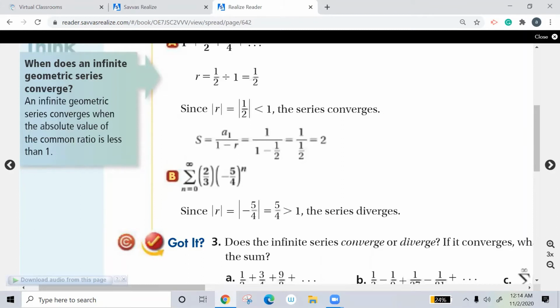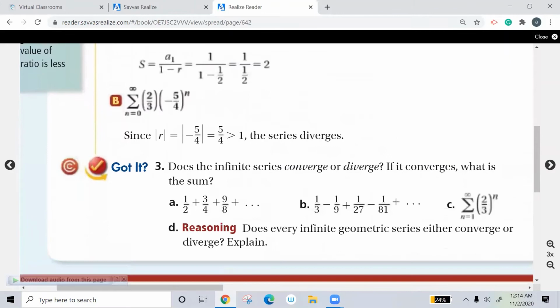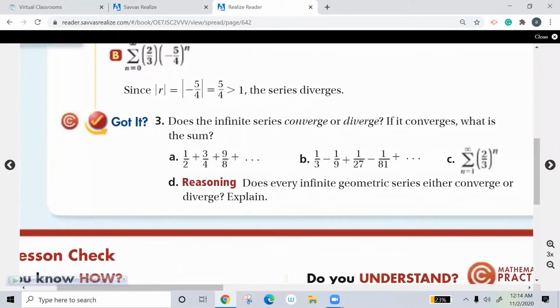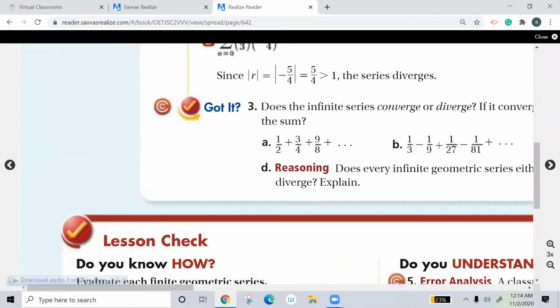Okay, let's answer problem number 3, letter A. Does the infinite series converge or diverge? If it converges, what is the sum? So let's solve first letter A. From letter A, we have 1 over 2 plus 3 over 4 plus 9 over 8 and so on.